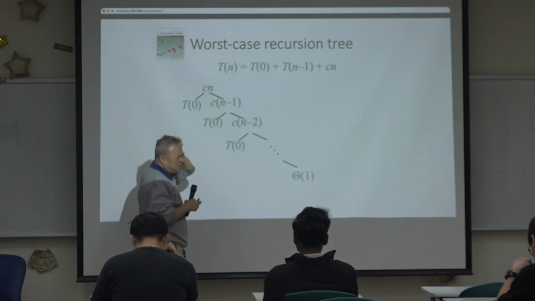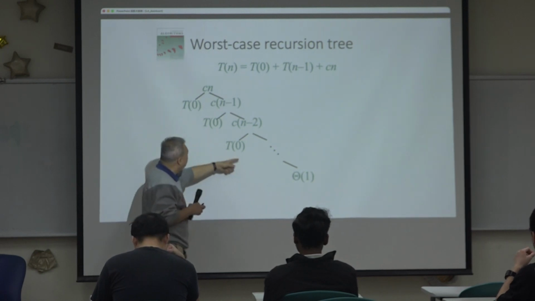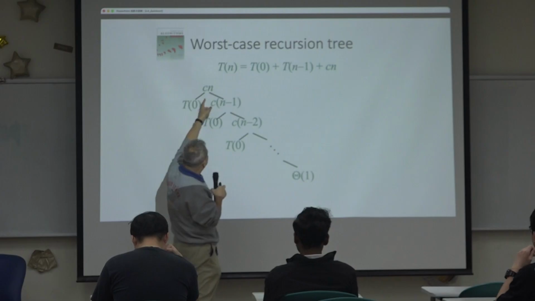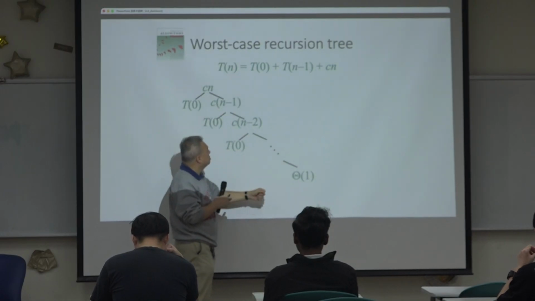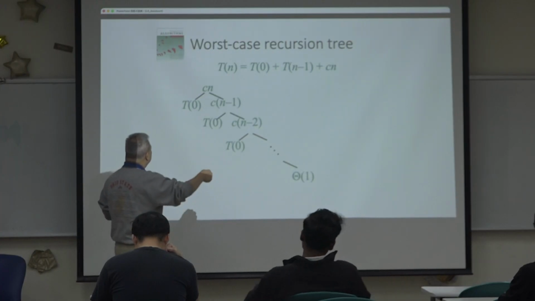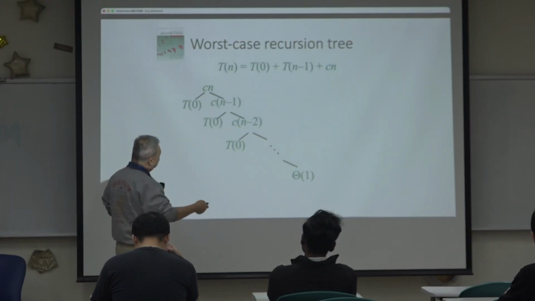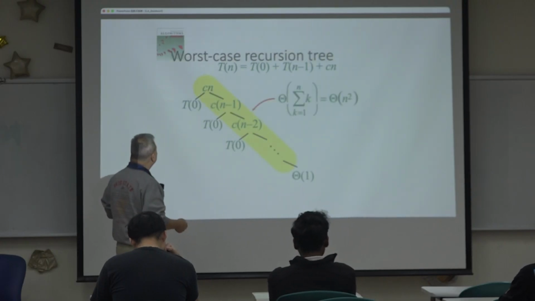Because each T of 0 gives you constant time, so this is just linear time. But the issue is this: cn plus c(n minus 1) plus c(n minus 2), and so on. So eventually, this part, okay, gives you n squared, okay, arithmetic series.